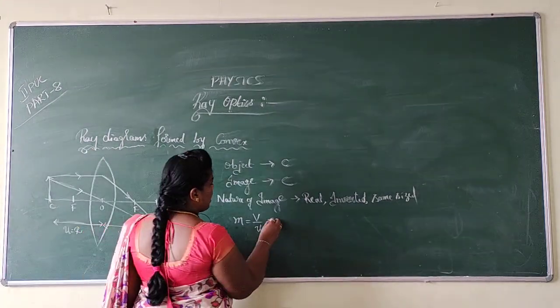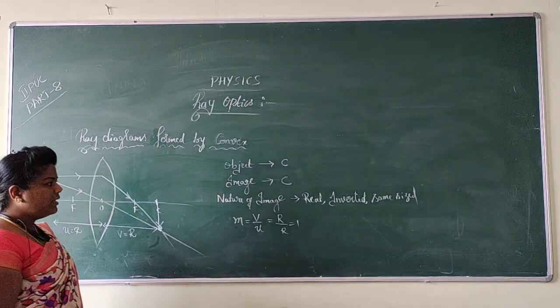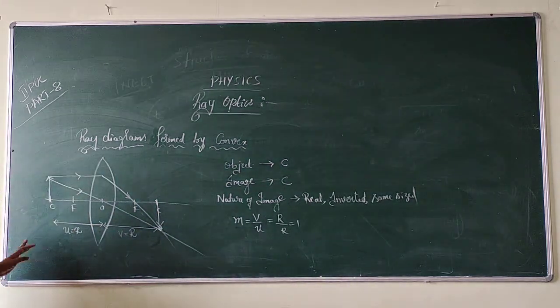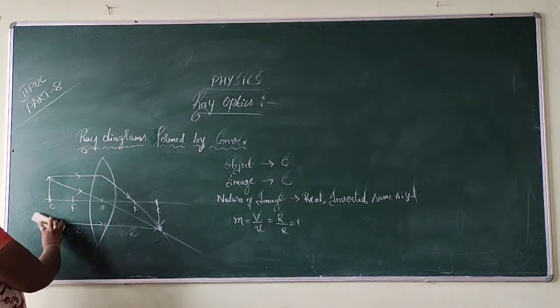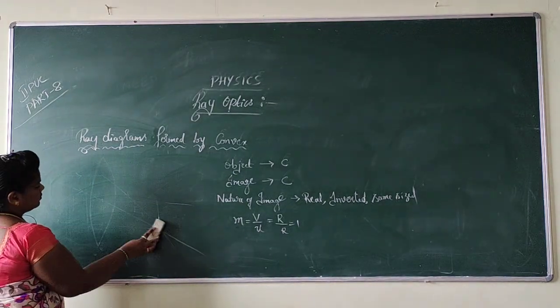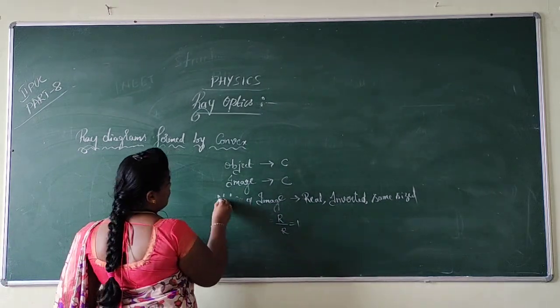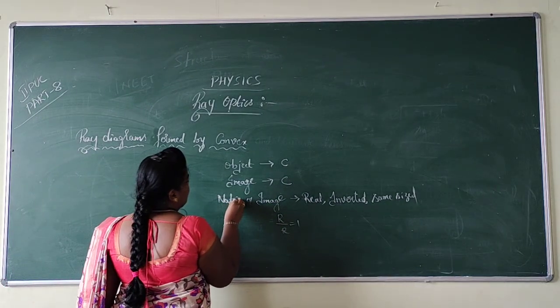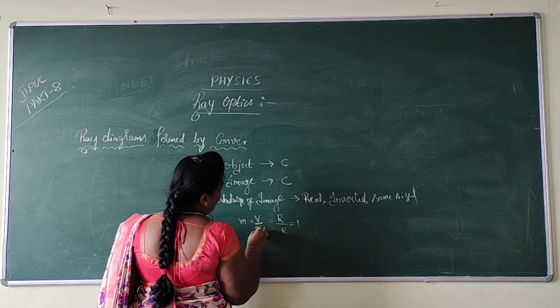So r by r is equal to 1. So the magnification is equal to 1 when the object is placed at center of curvature. This is one case. Hope you are all writing.